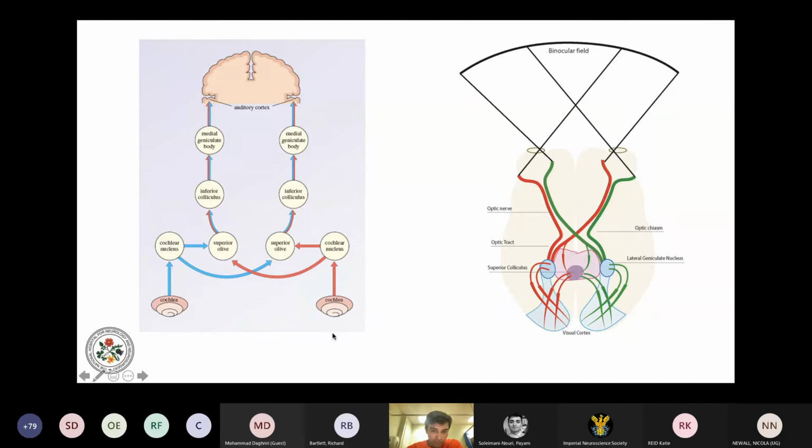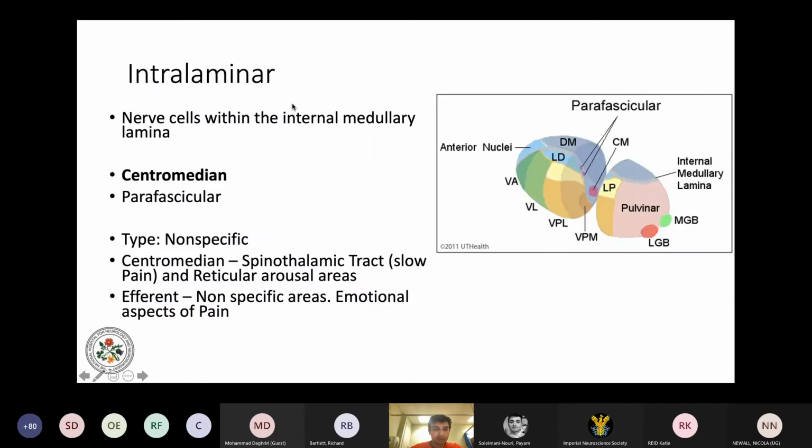Now, if we look at the auditory one, this is from the cochlea, so the cochlear nerve, cochlear nucleus, depending on the dorsal or ventral tracts, it either goes ipsilaterally or contralaterally to the superior olive in the medulla, and all the way up to the inferior colliculus, to the medial geniculate body, and then for further processing in the temporal lobe in the primary auditory cortex.